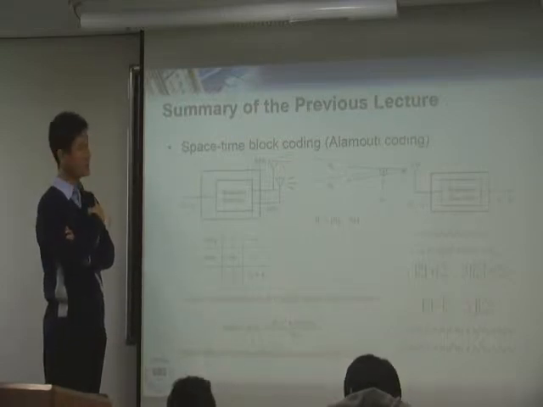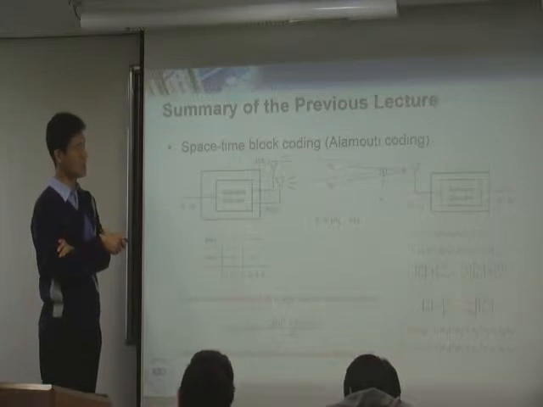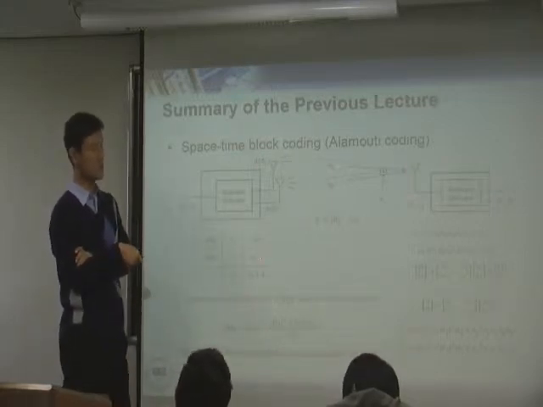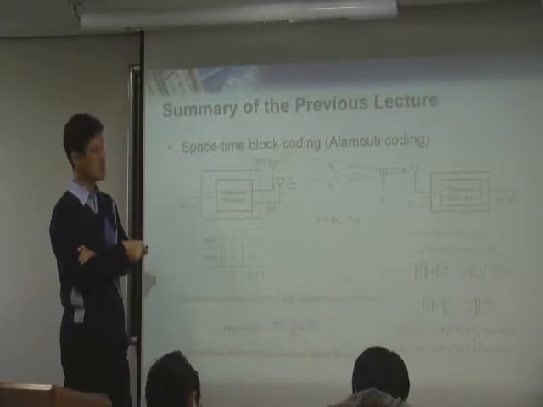One of the main advantages of this type of space-time block coding is that you don't need to have a feedback channel, right? Remember, that is the main advantage, which means that we can run this one as open loop.